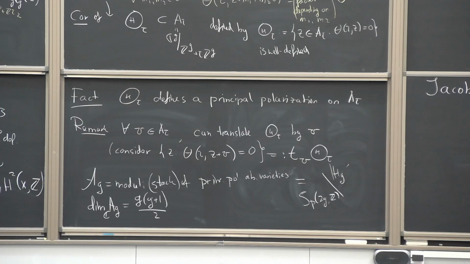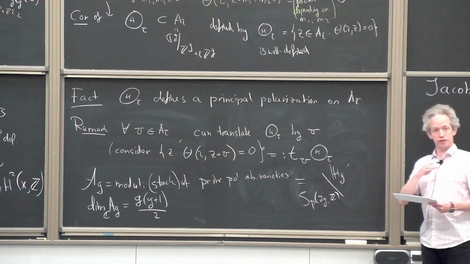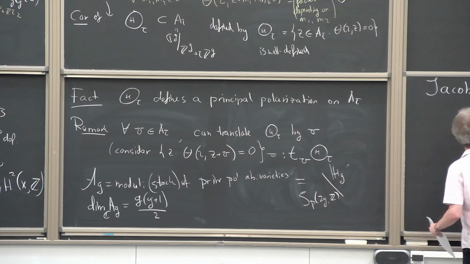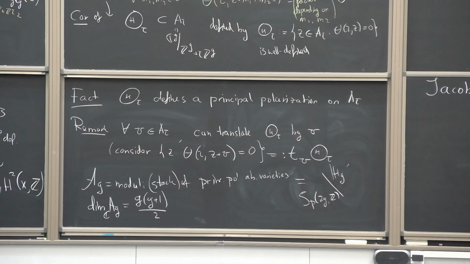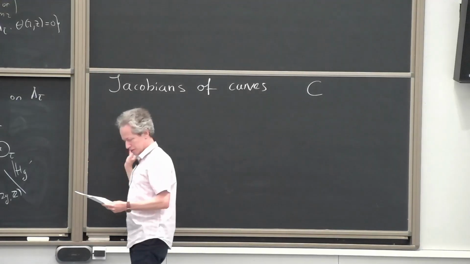Okay? So Jacobians of curves. I wanted to remind you about what divisors are. My curve continues to be denoted C, with apologies to Pasha, who I think denotes curves by X. But I'll have to stick to that.